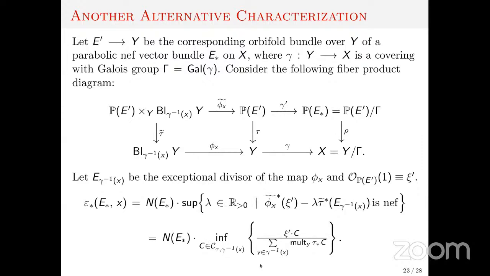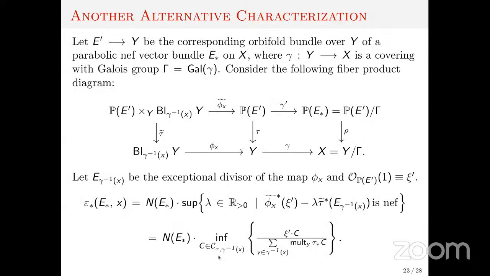And similarly, we have a similar expression in terms of the infimum of xi prime dot C quotiented by this kind of multiplicity, where we consider curves which intersect gamma inverse of x, and this multiplicity is strictly positive.